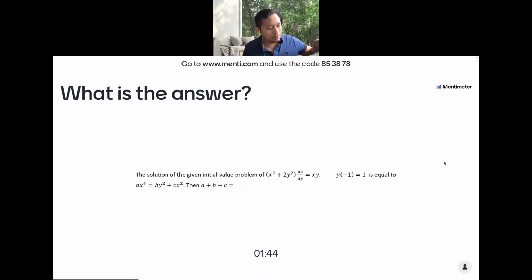You need to plus A, B, and C. You need to use substitutions for this one.